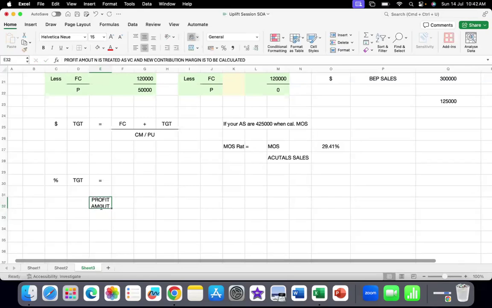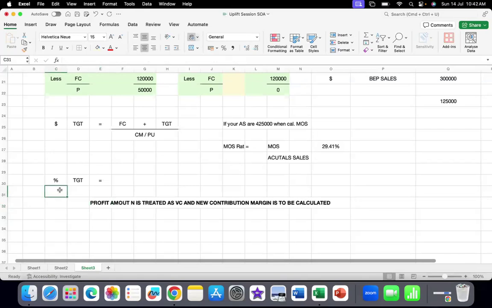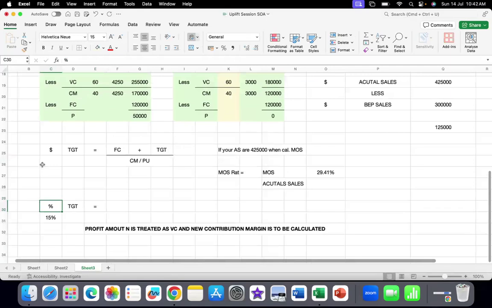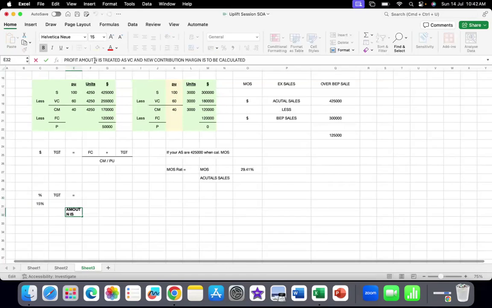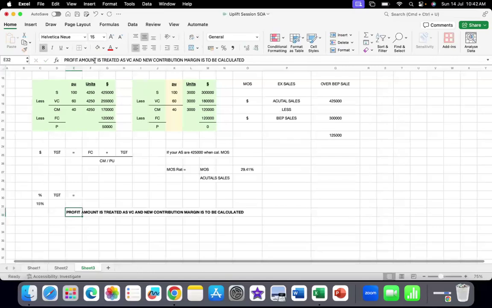So what if I want a targeted profit of 15%? In this example, the profit figure would be treated as a variable cost, and a new contribution margin is to be calculated.